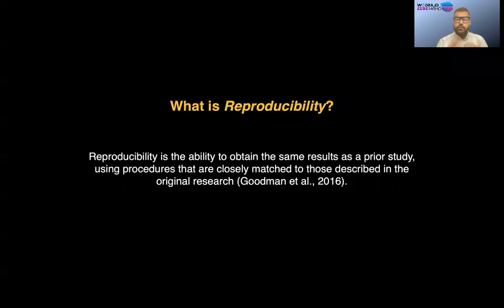So, firstly, let's look into the definition of reproducibility. The term reproducibility is basically being able to obtain the same results as a prior study using procedures that are closely matched to those described in the original research.